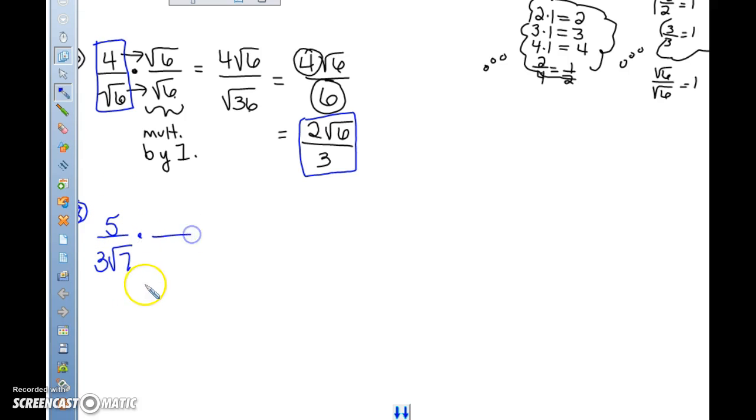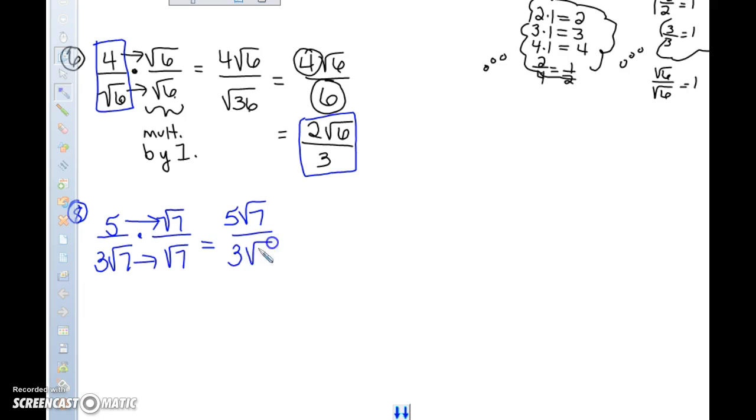So we're going to multiply by 1, essentially, but we're going to write 1 as the square root of 7 over 7. You multiply by the radical in the bottom. We're going to multiply across. And then we clean up. So we have 5 square root of 7. The square root of 49 is 7. So don't forget that 3 that was there to begin with.